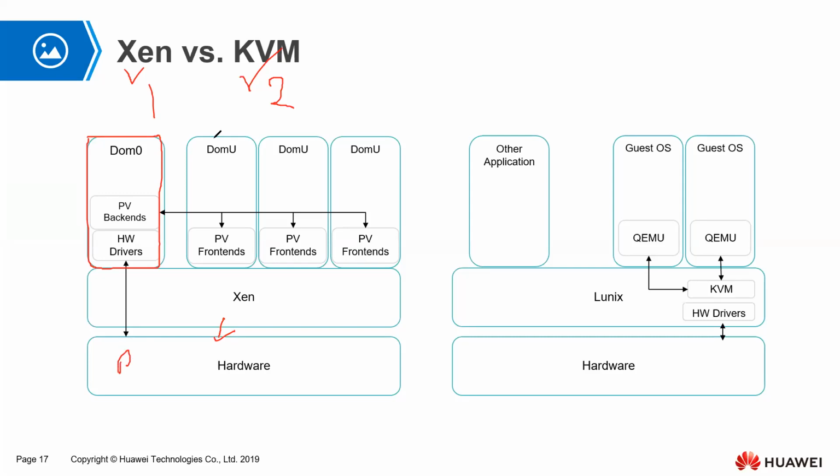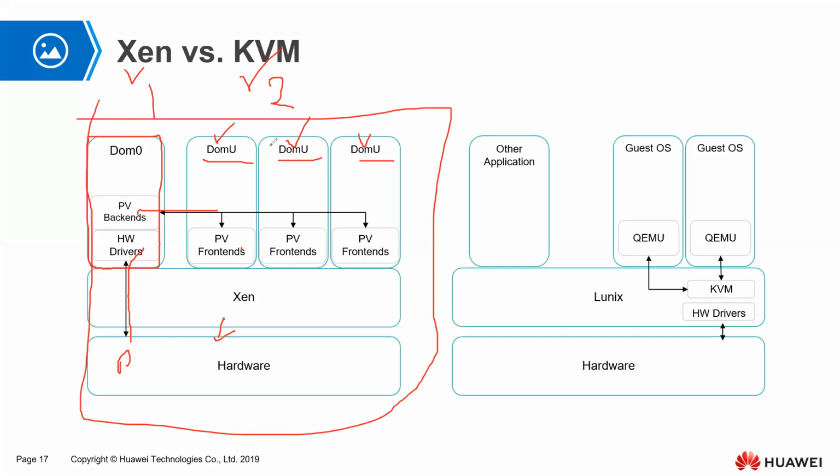The other virtual machines created on top of Xen, the DomU, use the front end to call the back end of Dom0, which then calls the hardware drivers through the Xen hypervisor. Now that is Xen.